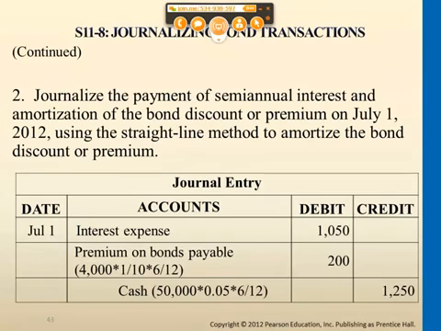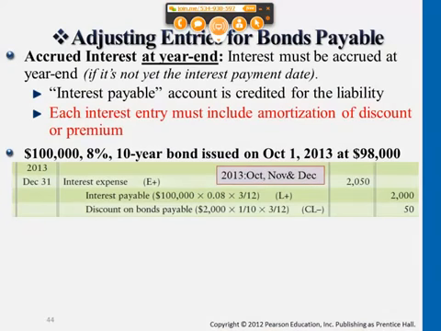Kind of. Okay, the last case here for interest, there's a special case. So far what we talked about is issuing bond in the beginning of the year, paying interest in the middle, and at the end of the year. Now sometimes companies may be borrowing money in the middle of the year.